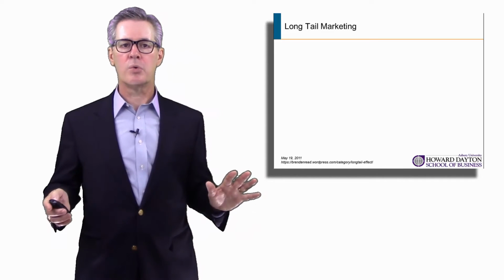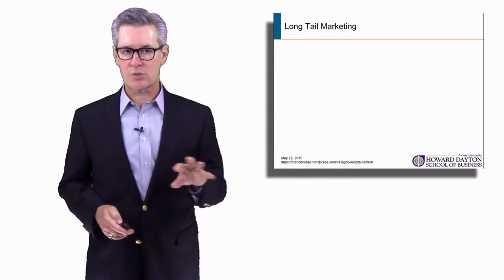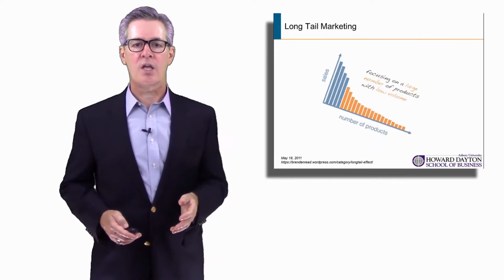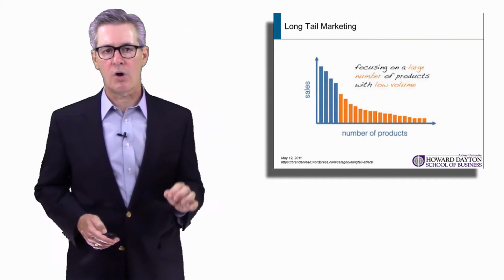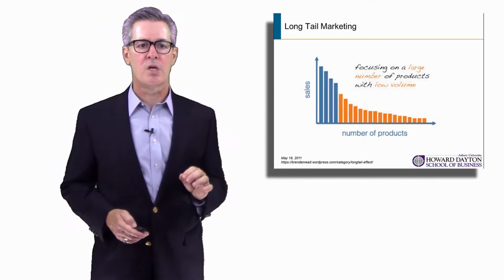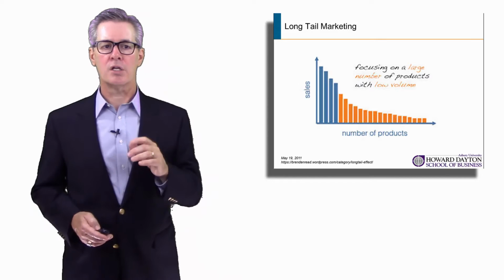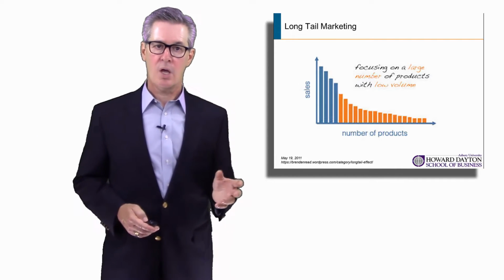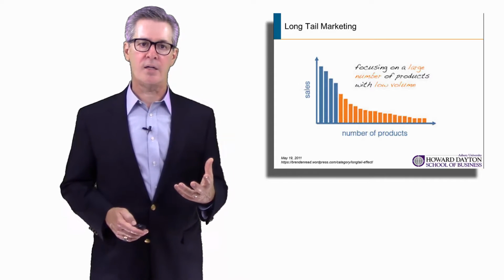This has nothing to do with cats. In fact, it might be more useful for you to think of dinosaurs visually. Here's the idea. Firms can make money by selling small amounts of items that only a few people want. In other words, we're targeting small volume segments, provided that they sell enough of those different items.